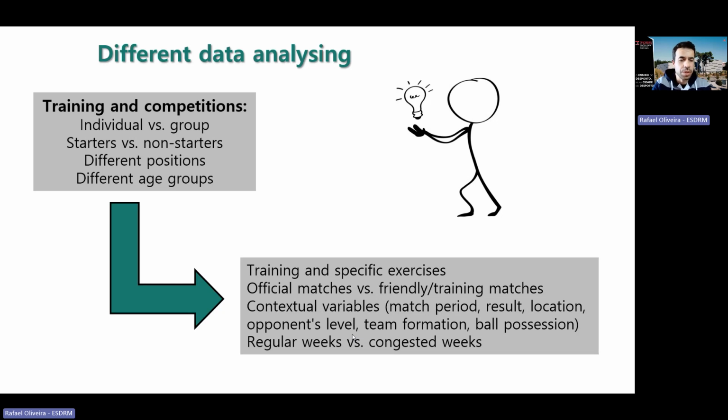Of course, there are other subgroups that we can analyze, and we should also consider the different age groups, because let's imagine just one example. If we are considering moving a player from the under 18 or under 21 division to the first team, we should already have load monitoring or wellness monitoring information to see if, at least from the physical and physiological point of view, the player is ready to move to the first division.